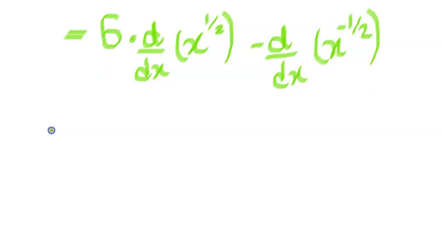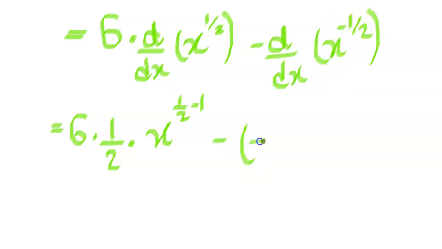When I differentiate the first one, 6 is still there, the half comes out, the power comes out, and then you reduce the power by 1. Minus, now this minus half comes out, so I'm putting that in brackets, minus half, and reduce the power by 1, so it's minus half minus 1.